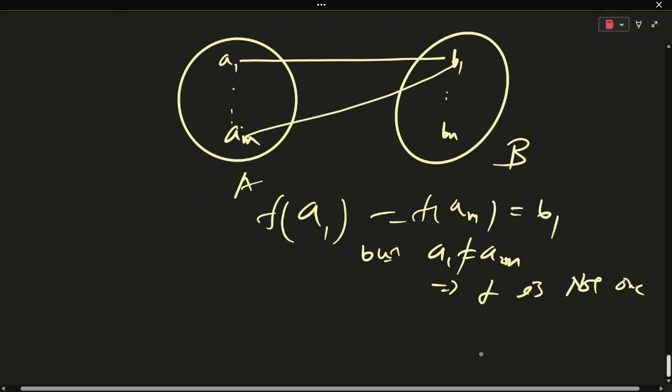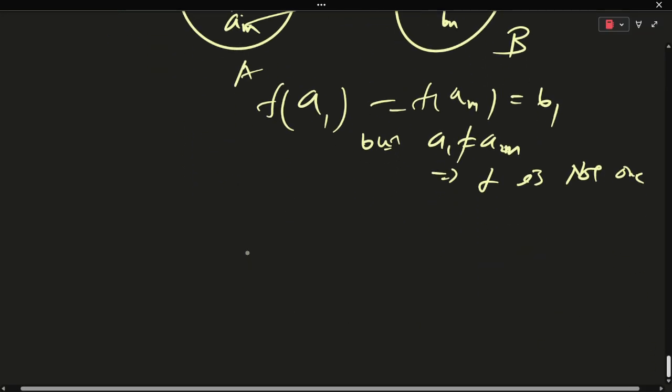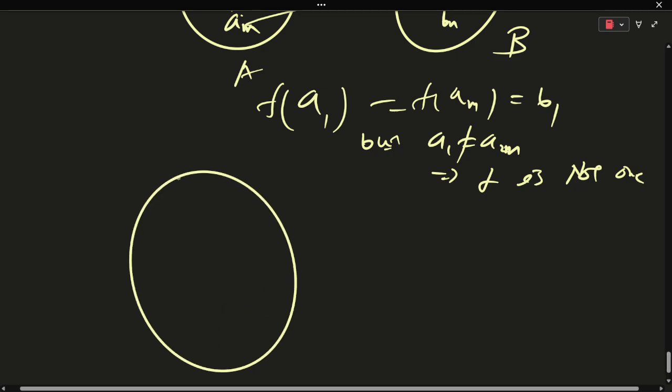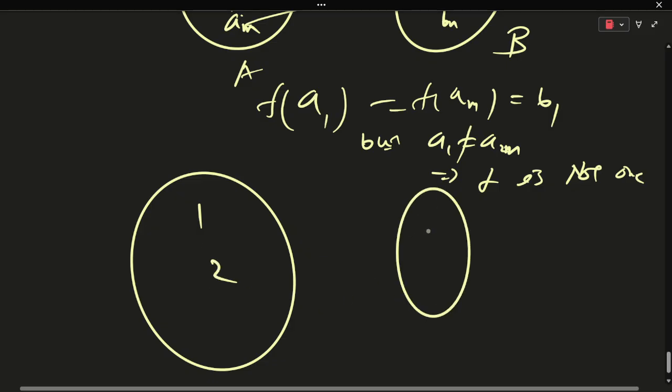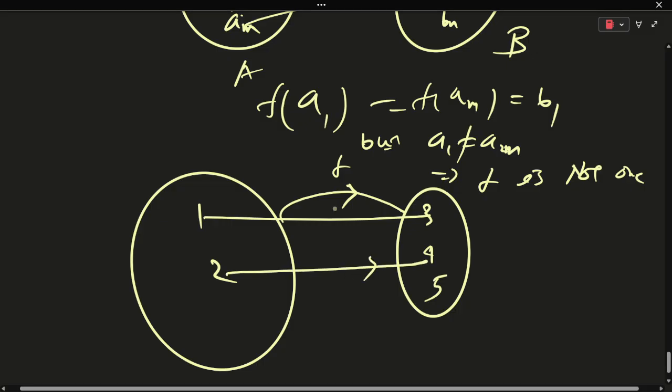Take one set with 1, 2 and another set with 3, 4, 5. Here a goes to 3 and 2 goes to 4, and this f is a one-one function.